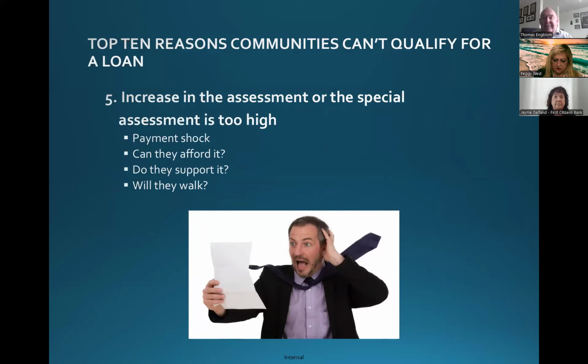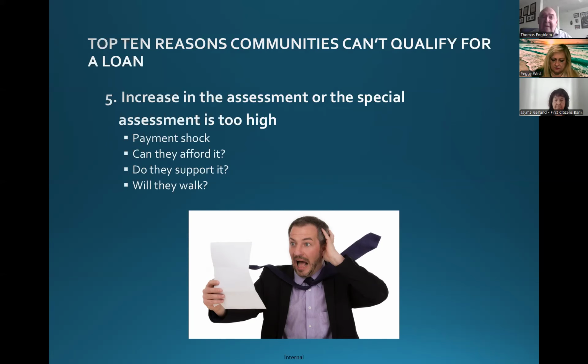In certain situations, we've had units valued at $150,000, and the special assessment is going to be $100,000. The bank isn't going to support that because too many people can walk away. I've done loans where the assessments are more than the value of the units.